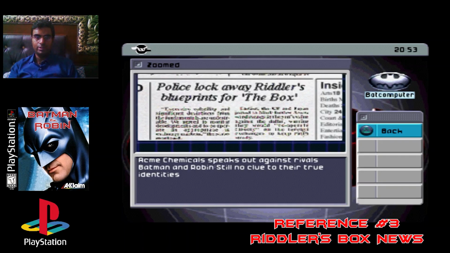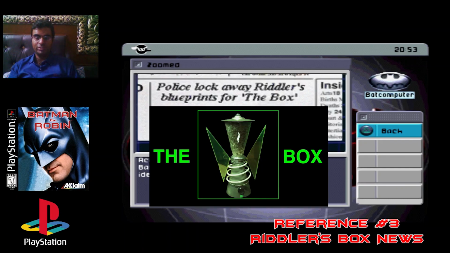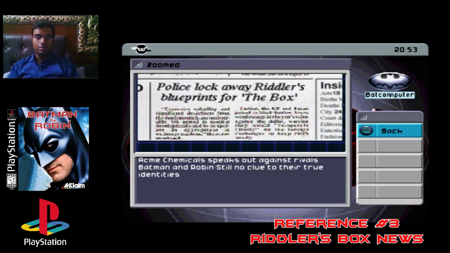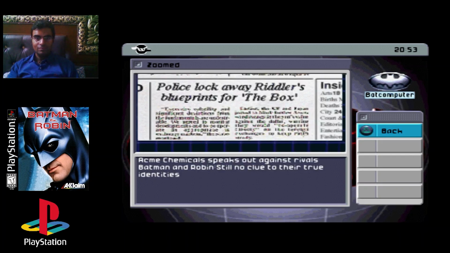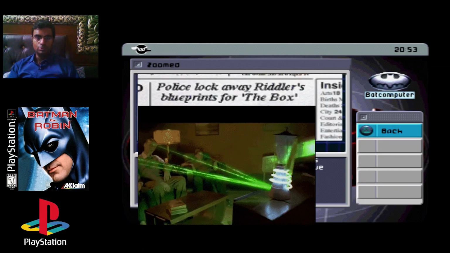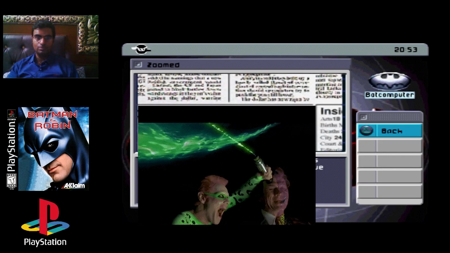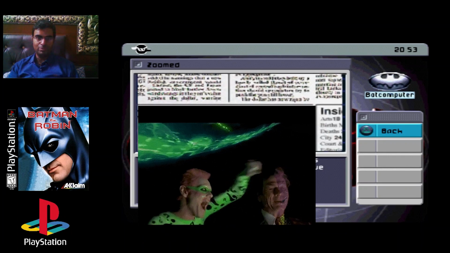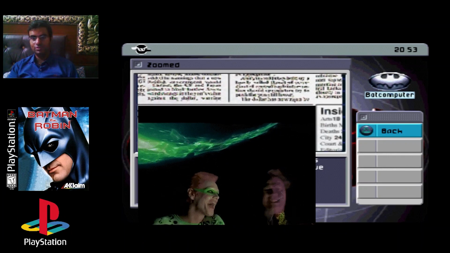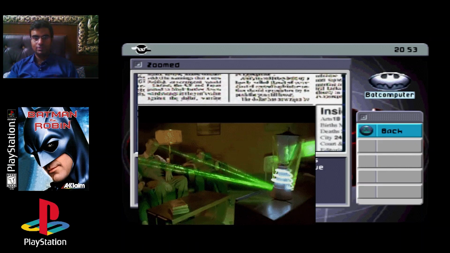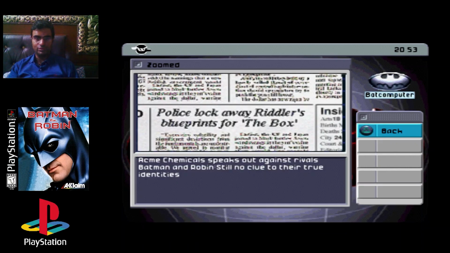As we all know, the box was the invention of the Riddler or Edward Nigma in the Batman Forever movie, that he uses to read people's minds, to get some secret information from people's minds, like credit card numbers, passwords, and some other things.